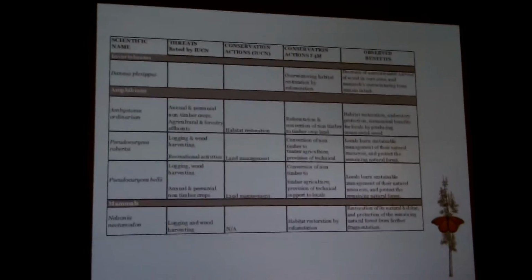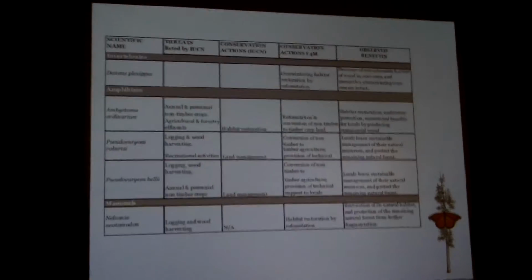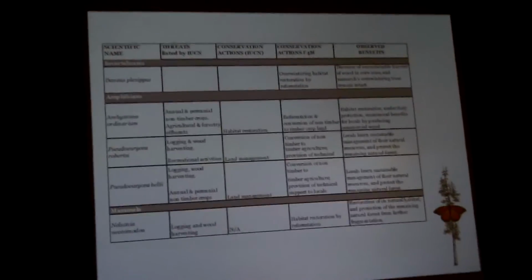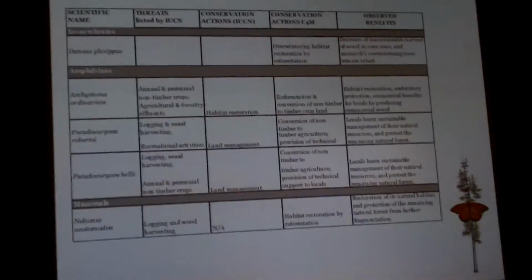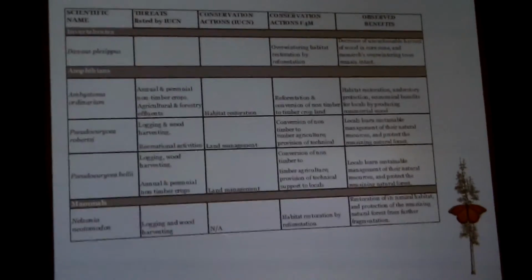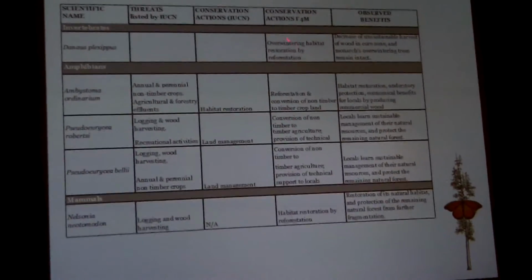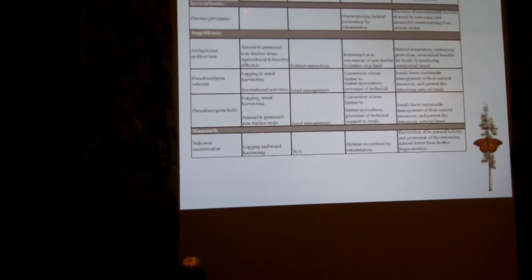Something that I found really interesting about this list is, let me see, I don't have my glasses, sorry. So here are the conservation actions that IUCN suggests for these species.